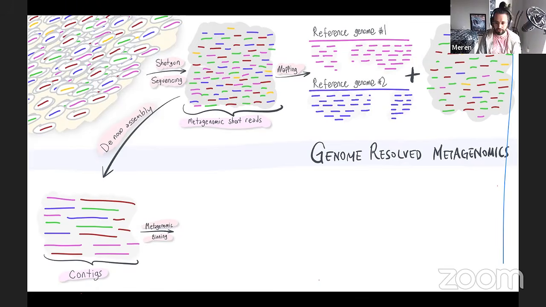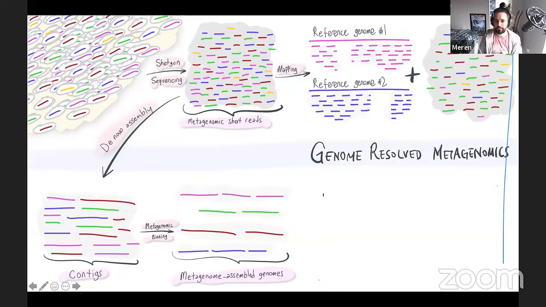But there are strategies that have been pioneered by the Banfield lab years ago, and now we commonly use them through new computational strategies and have been applying them to every environment so far. It enables us to identify those pieces of genomes that are fragmented and put them together as metagenome assembled genomes, or MAGs.